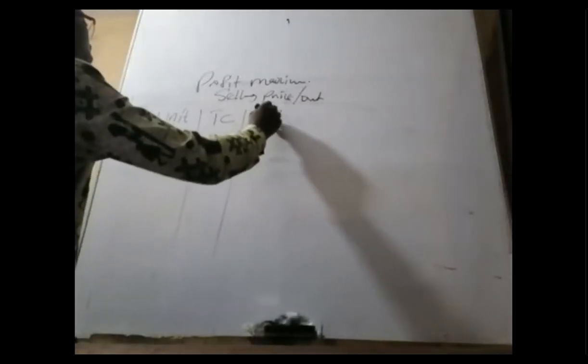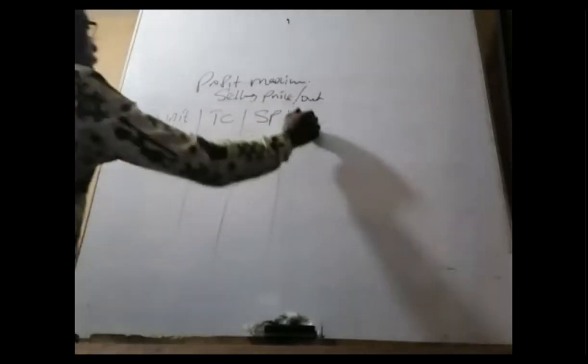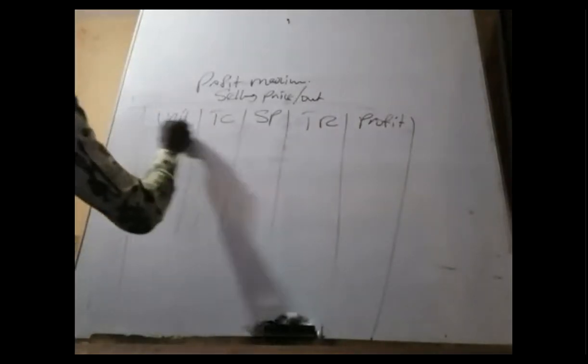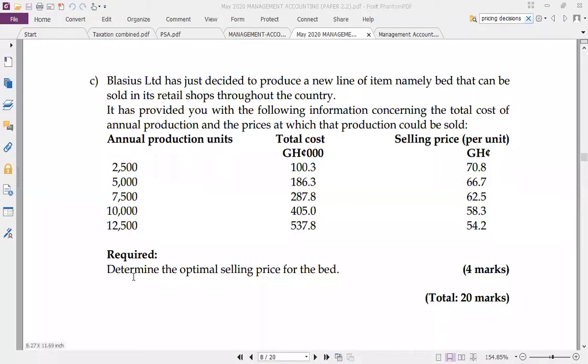So you need the total revenue. And finally, proceed to a column for the profit. So that is all. Here the max is 4 marks, so don't spend all the time here. If care is not taken, it will take all the time away.